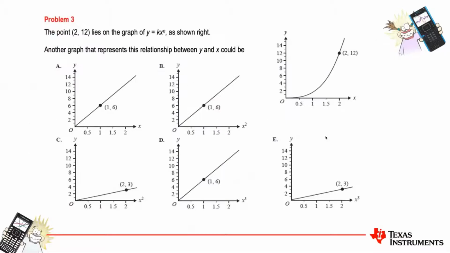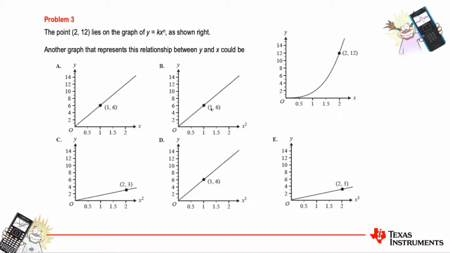So this was a question that was not done well according to the examiners. And this is a question that's based on the same thing. And we're just trying a different method. So the graph on the right is at 212. And what they're asking is, of those 5 options, is there another graph of those, one of those, which represents a relationship in a similar way?